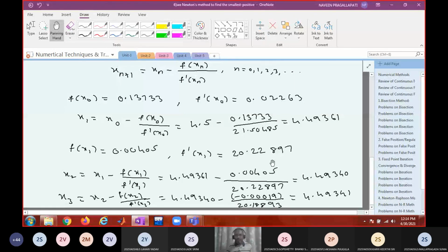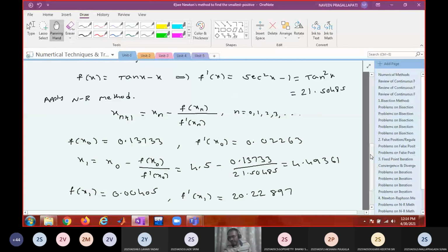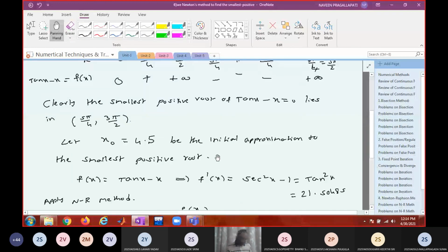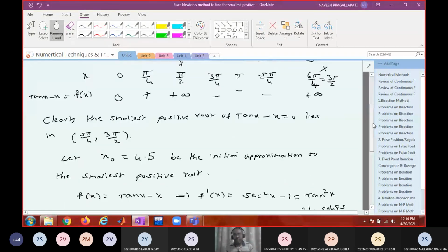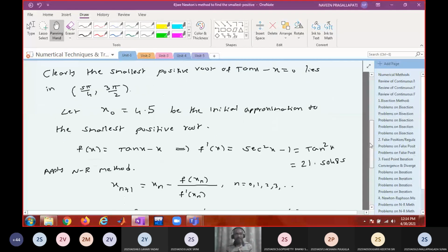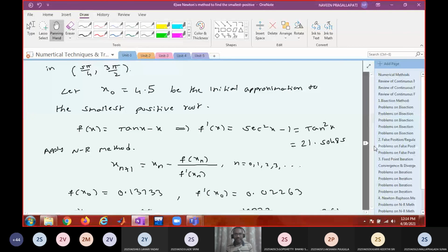Sir, tell me. I took x naught as 4.3. 4.3, yeah? Yes, sir. And I got the same answer. But somebody said divergent sequence previously. No, sir, I'm getting 4.4934. Okay, so when we are writing the program, we shall check with different values and compare the functional values.